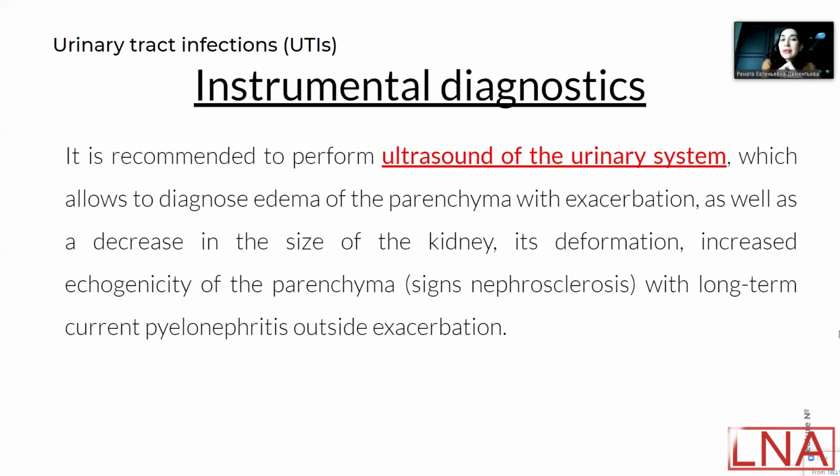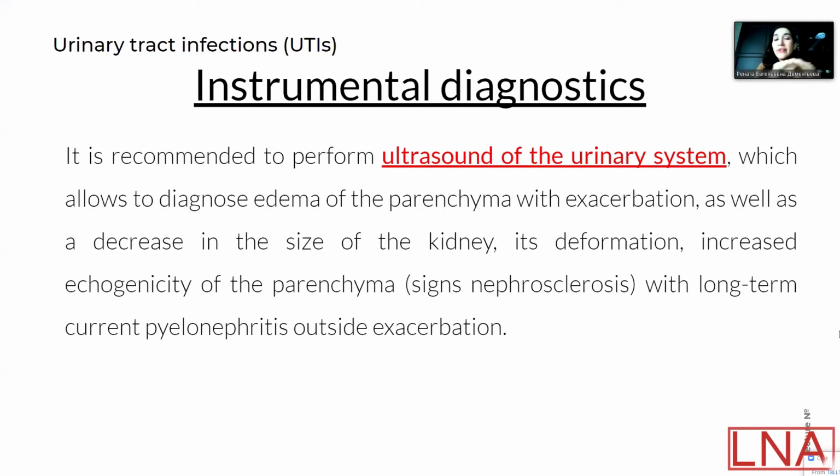Next point, instrumental diagnostics of pyelonephritis. It is recommended to perform ultrasound of the urinary system, which allows us to diagnose edema of the parenchyma with exacerbation, as well as a decrease in the size of the kidney, its deformation, increased heterogeneity, increased density of the parenchyma, and signs of nephrosclerosis with long-term pyelonephritis outside exacerbation.